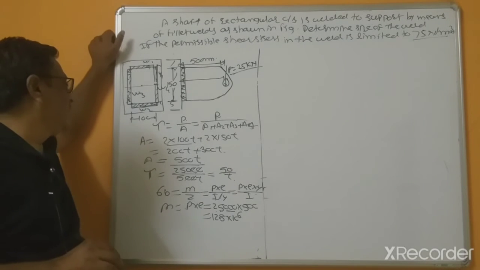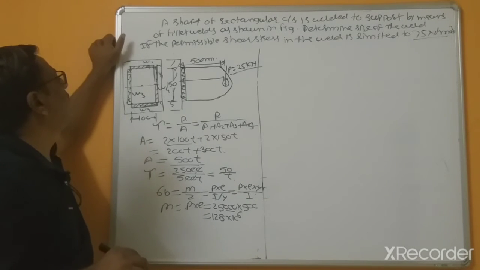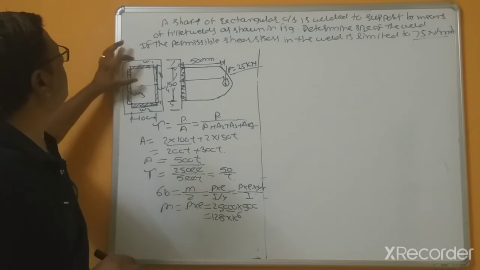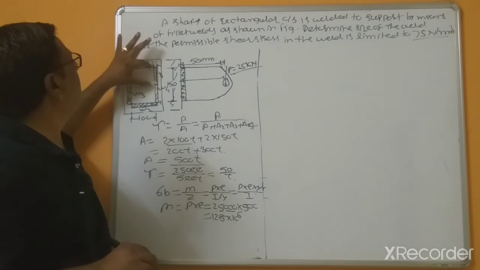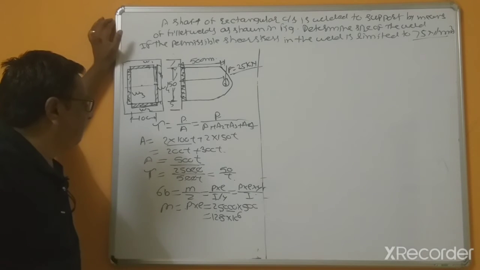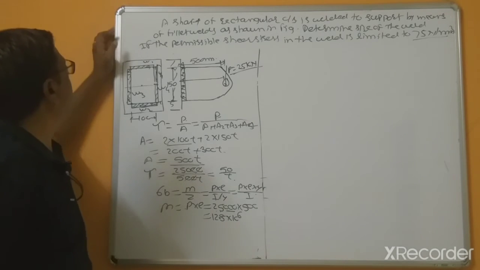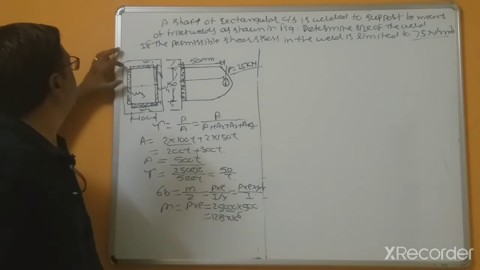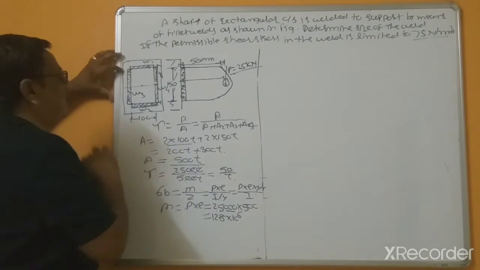Y equal to, now in this case, because of the parallel axis theorem, y1 equal to, because these welds are also at the same distance, because this is the extreme distance.